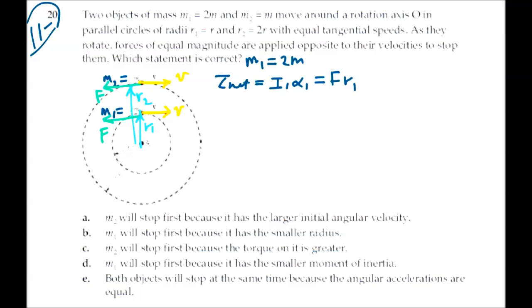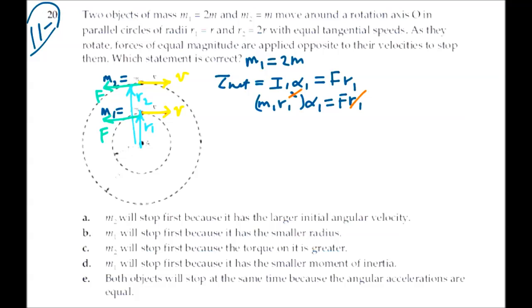Moment of inertia for a point mass would be m1 r1 squared, times angular acceleration alpha 1, and that will equal F times r1. One of the r1s will cancel out.